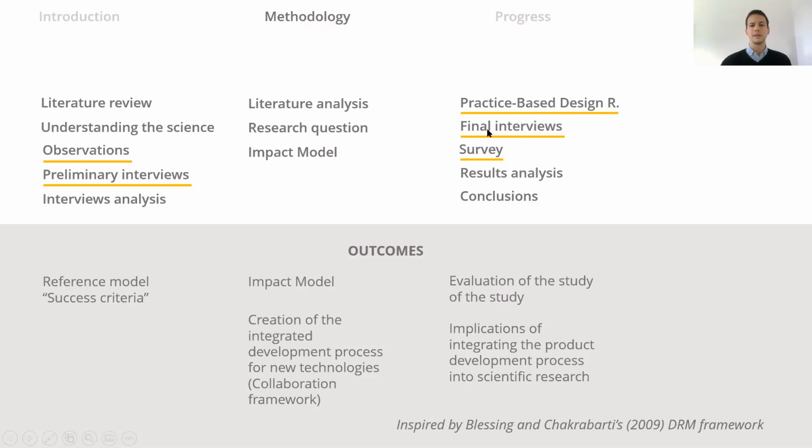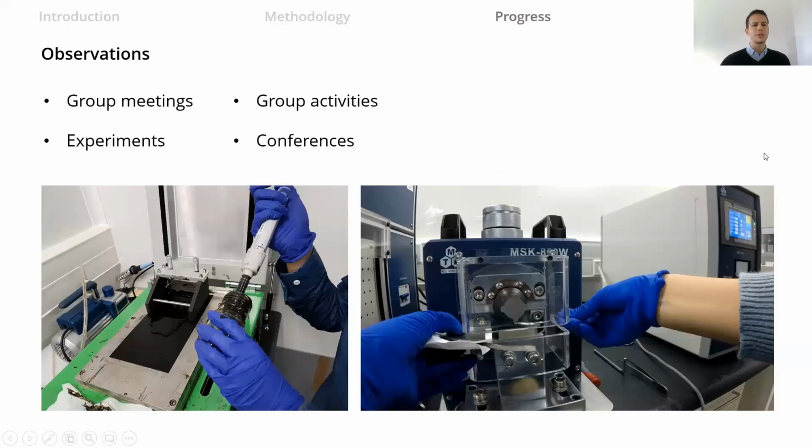And then I conducted final interviews with the scientists that collaborated with me. And I did a survey of people outside the study to see what the perspectives were of people that were not biased. The observations were done at group meetings, group activities, experiments, and conferences for more than 2 years that I was working as another team member in the scientific research group.